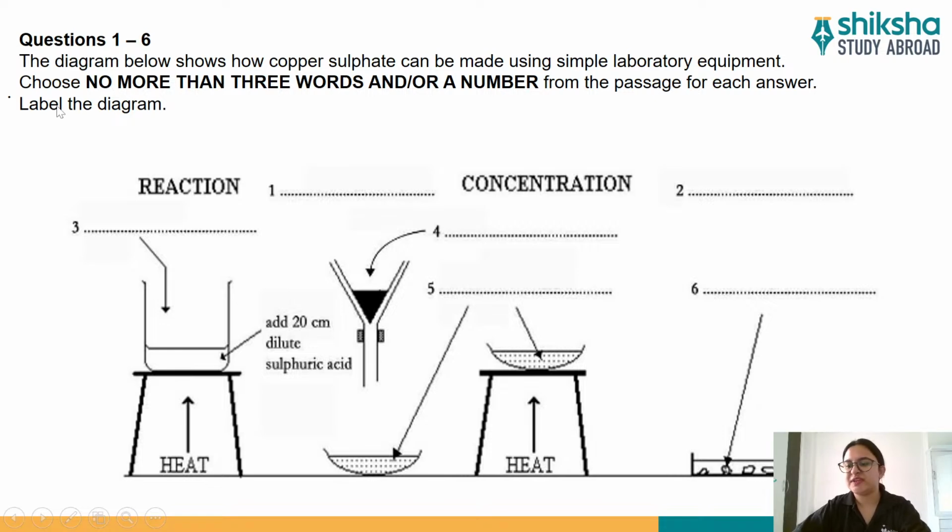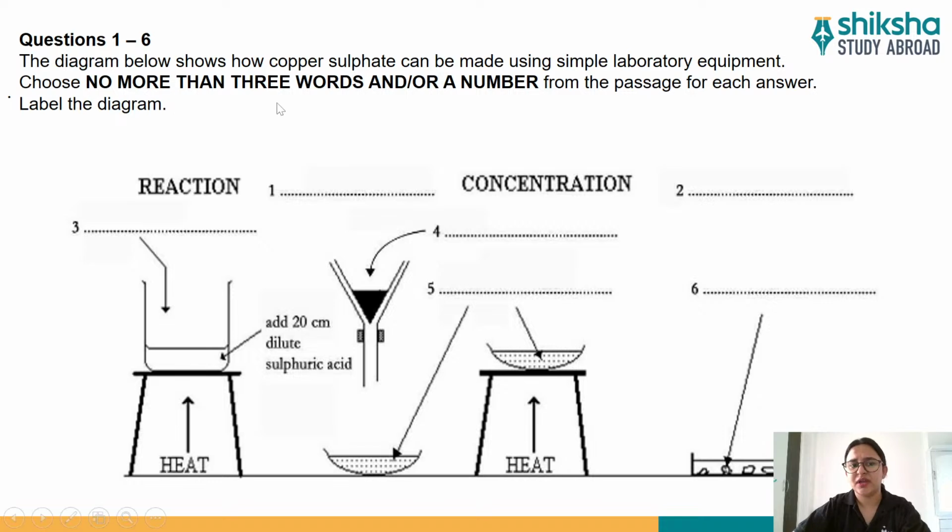Now, the instructions are very important, as I have told you already in my previous videos, when we did diagram label questions in detail in the month of June. Instructions are very much important, so let's read them.